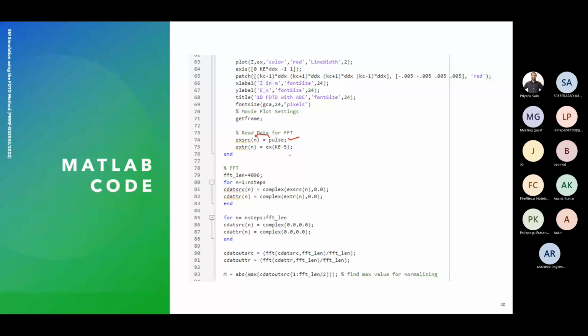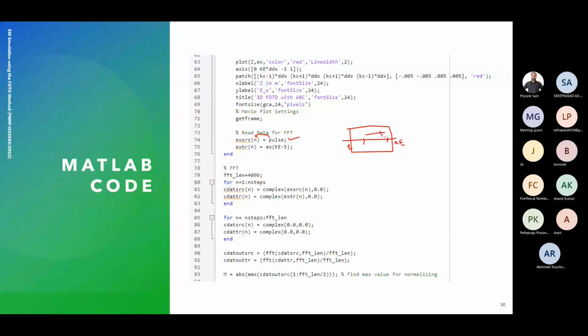So every time the pulse value is updated, we store it into an array. Similarly, if this is our simulation space, and ke is the final value, we choose a point very close to it and record the value there. When we give a source, the wave propagates from here to here, and we record the values over here.